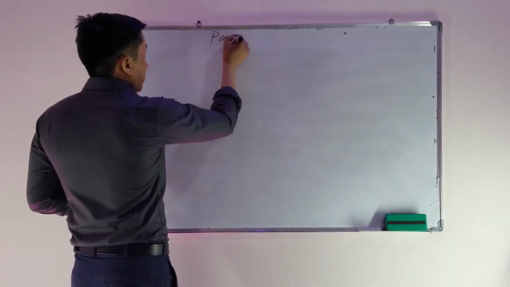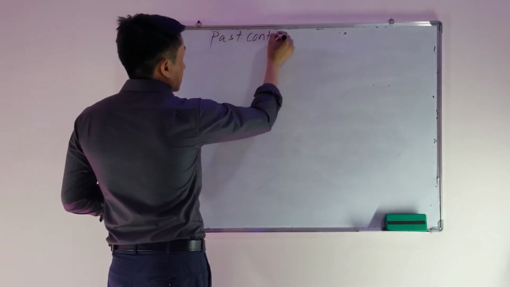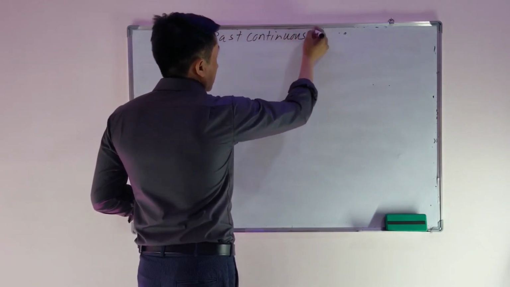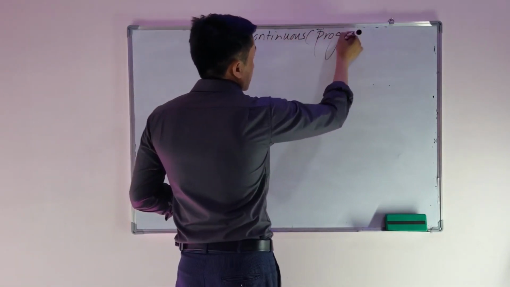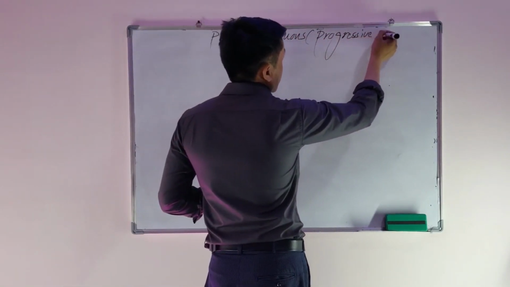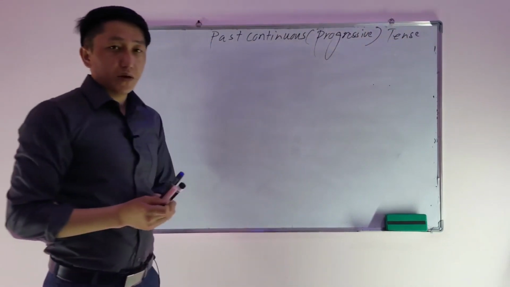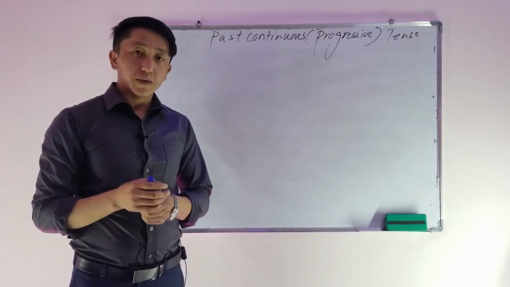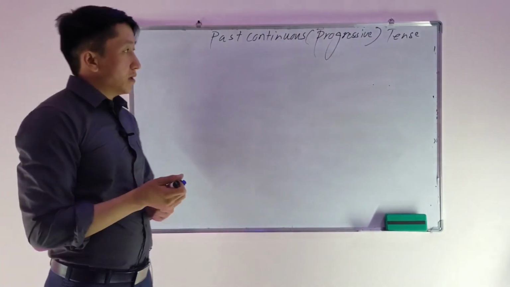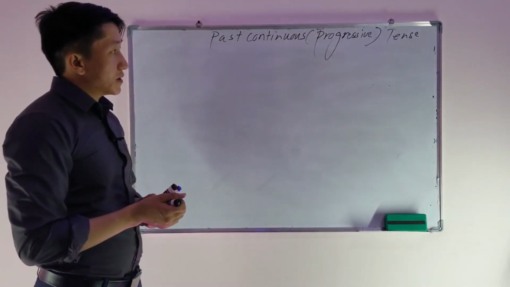So we have past continuous, or we can also call it progressive tense. We can call it past continuous tense, or we can call it past progressive tense. So when do we use past continuous tense and past progressive tense?